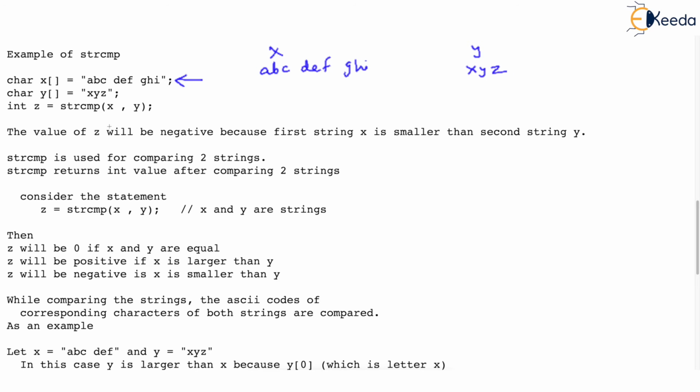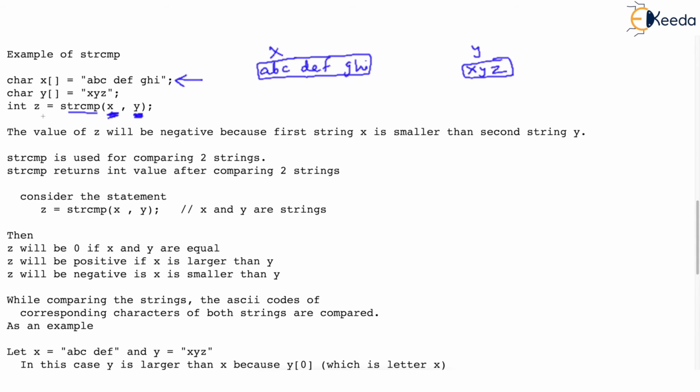And now observe, we are comparing x with y. strcmp is comparing x with y. Now notice, anyone would say that x is larger than y. Oh yes, anybody would say that this string x, this is so large, is larger than y. That's obvious. So if x is larger than y, then z will be positive because the first string is larger than the second string.